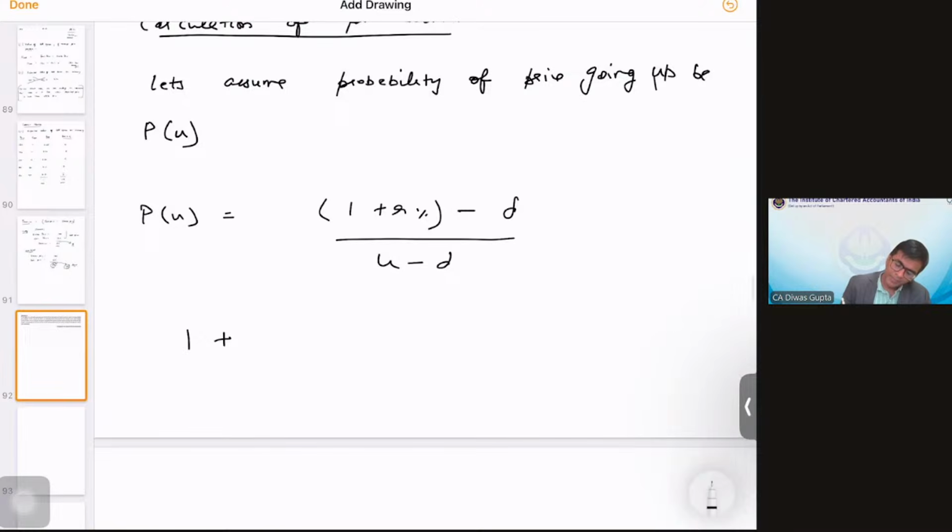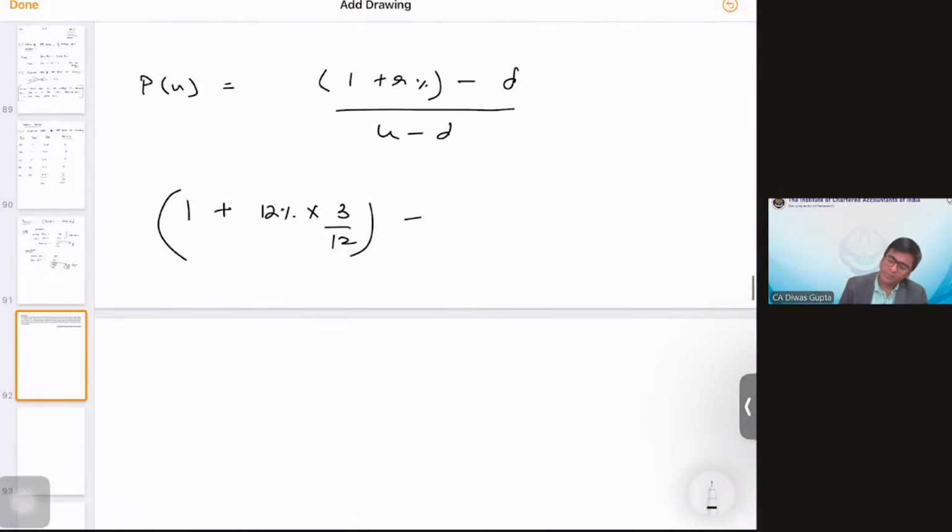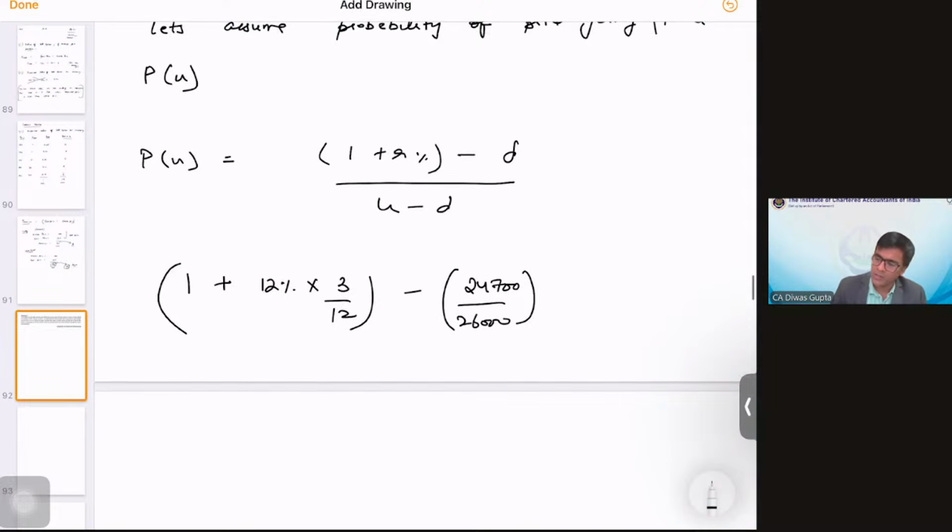1 plus 12% into 3 by 12, minus D will be what? The proportionate prices going down. So 24,700 divided by 26,000, because 26,000 is the current price.